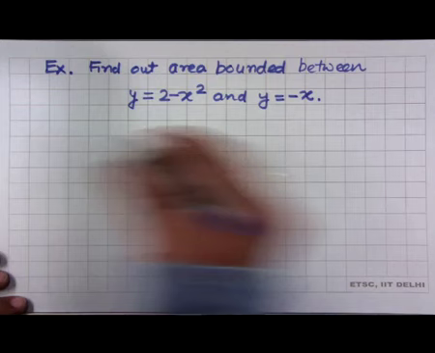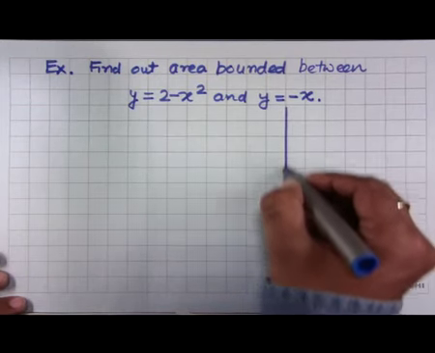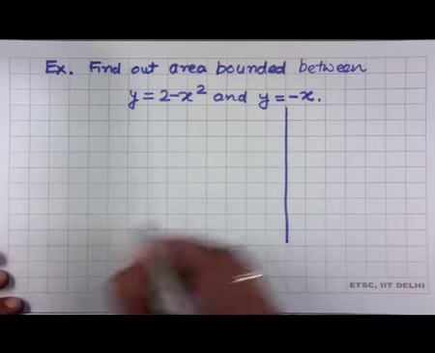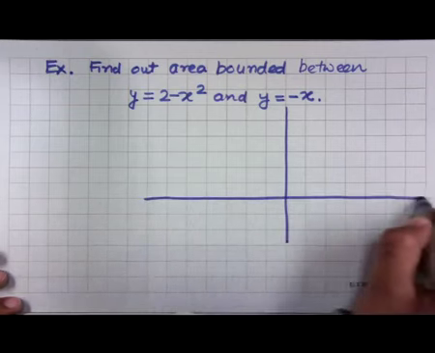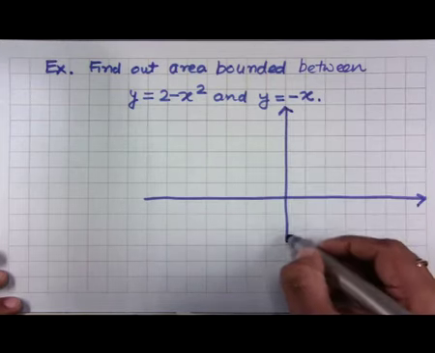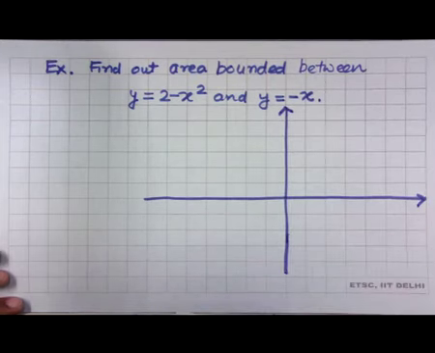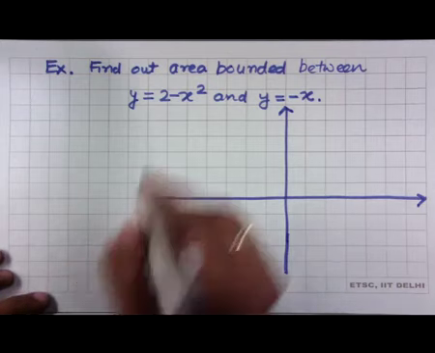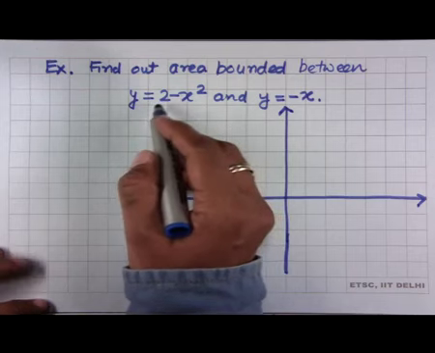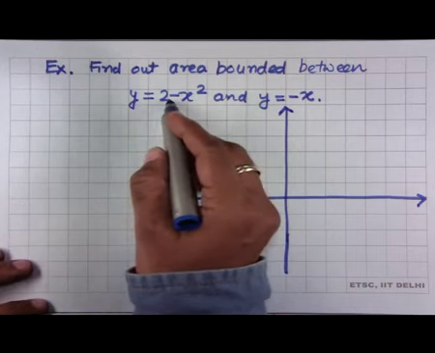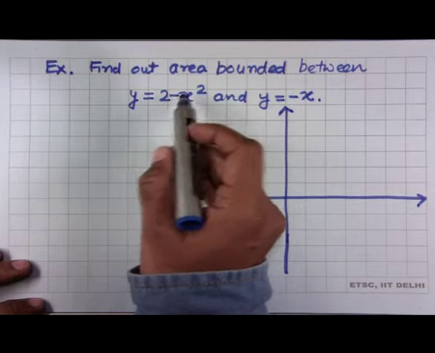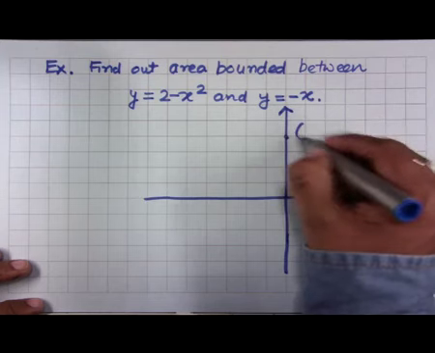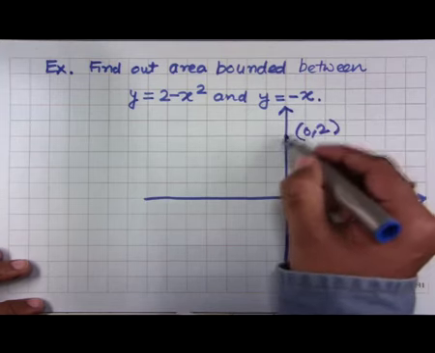So, at the very first step, for every problem on area, you have to have some idea about the region, where it lies, whether it is on positive side or whether it is negative side. So, plotting is must. So, this represents a parabola, inverted parabola, whose vertex is 0, 2 and axis is y axis.